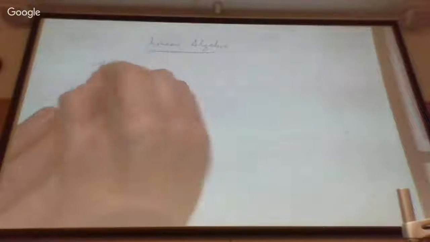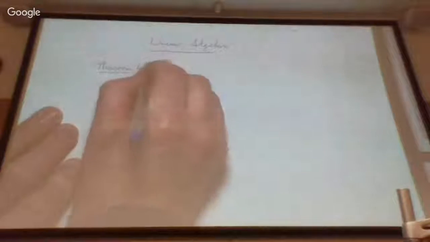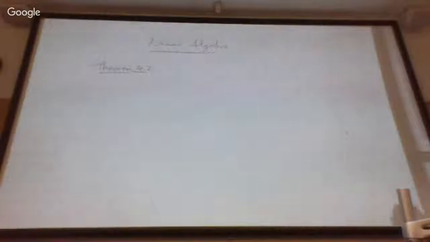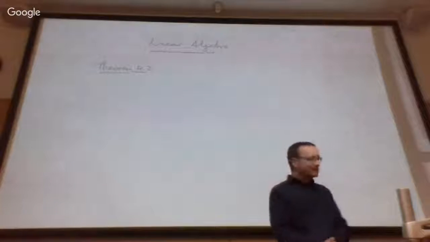So moving on then, there's a theorem at the top of page 33, theorem 4.2. This relates to properties of a basis in a vector space and what the coefficients of a vector with respect to that basis look like.